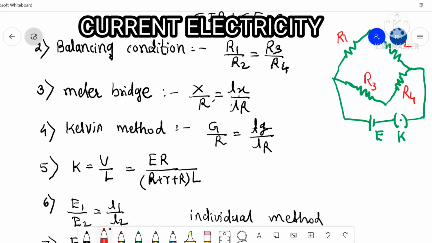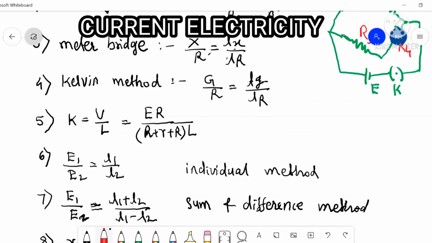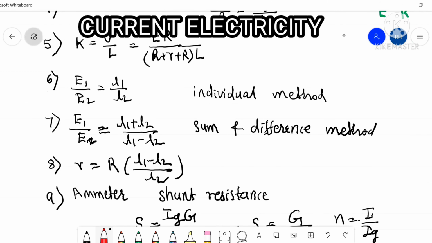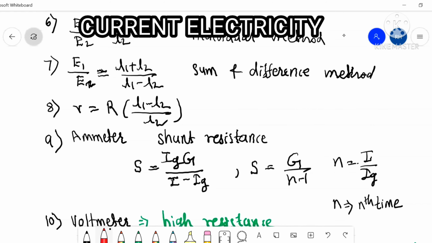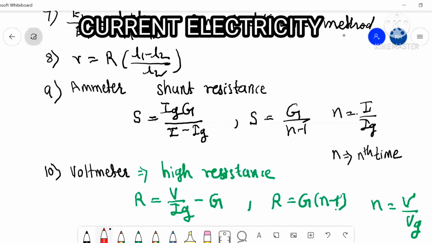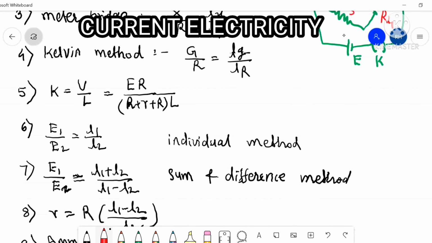Next, if the word potentiometer is there, then there are 3-4 formulas related to potentiometer, you can recall them. If the word ammeter is there in the problem sentence, then you can recall the ammeter formula. Here it is given. And if the word voltmeter is there, then recall the formula for it. Like that you can recall its formula.